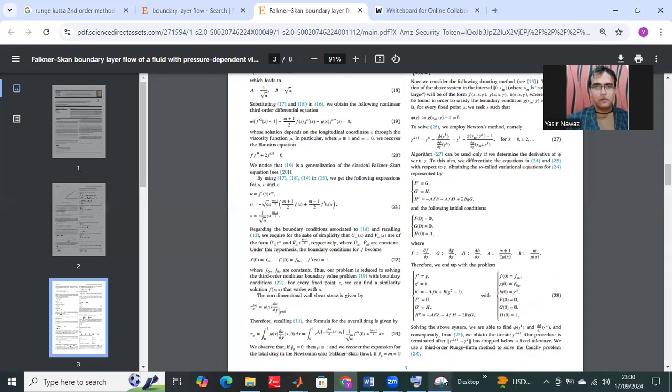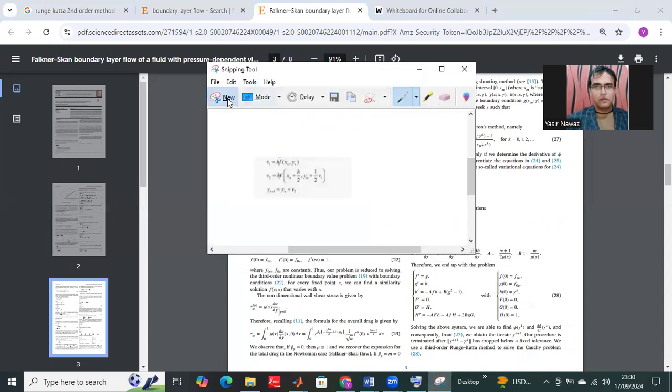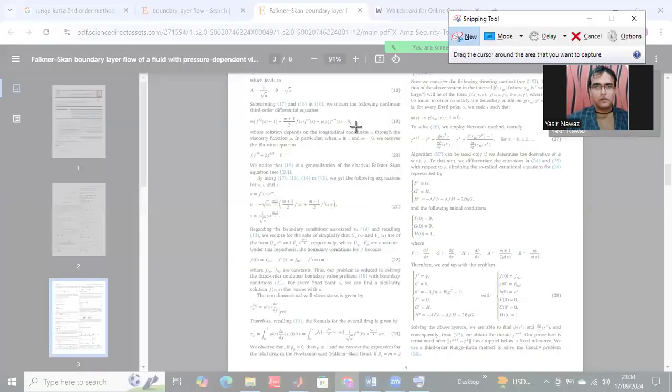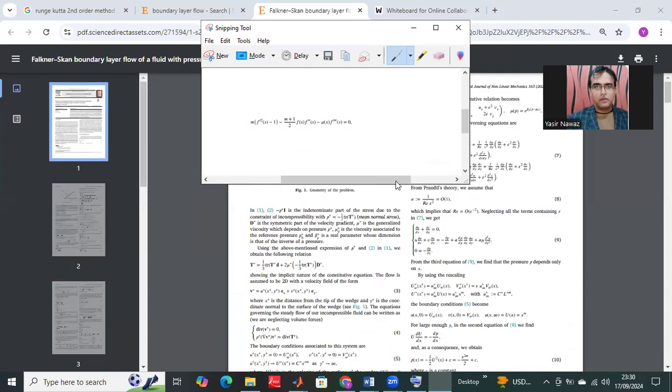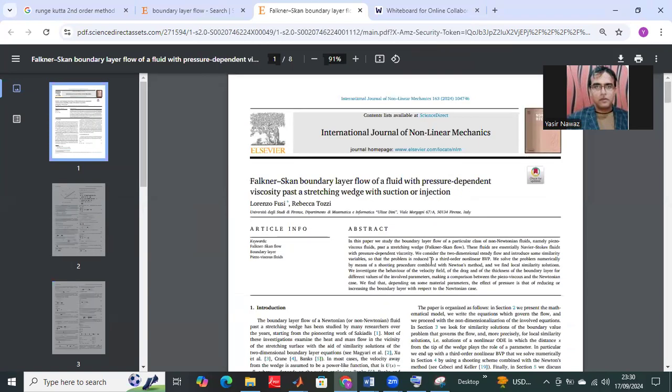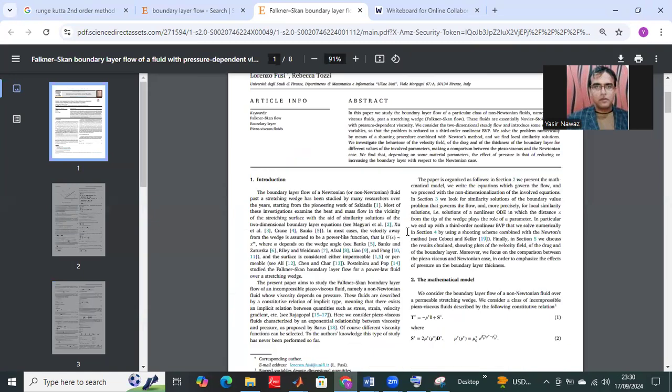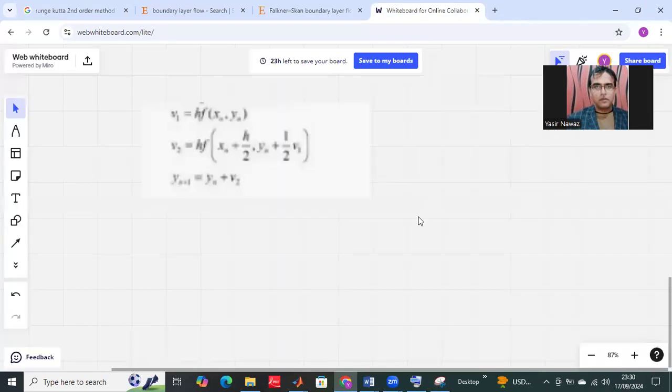So I will pick this equation. This paper is already published in the International Journal of Modern Mechanics. So I will try to solve this problem.